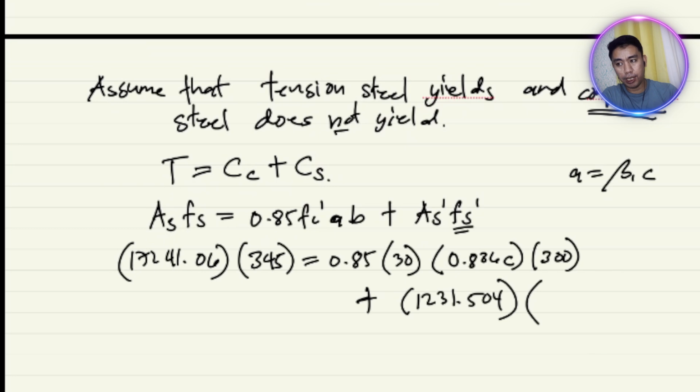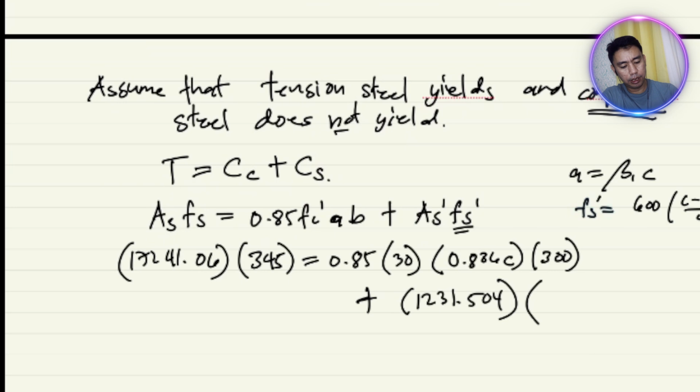But we have the formula, right? Yung FS prime is equal to 600 times C minus D prime over C. Okay?